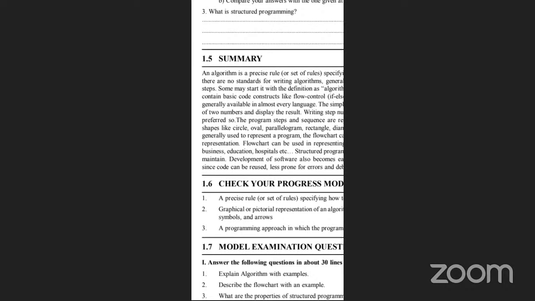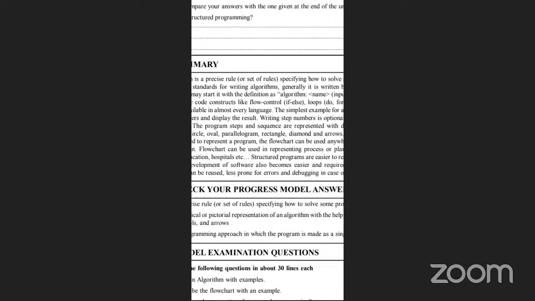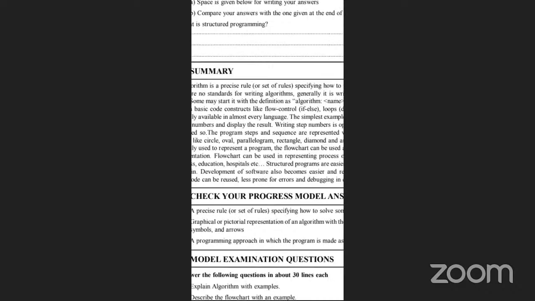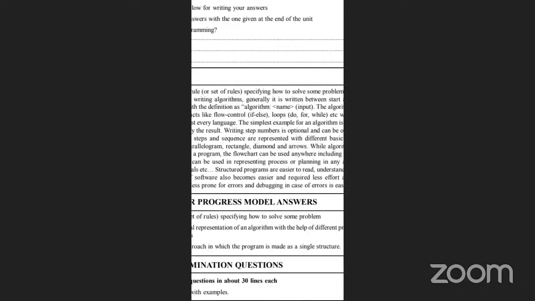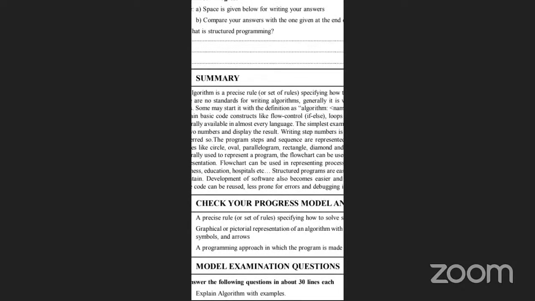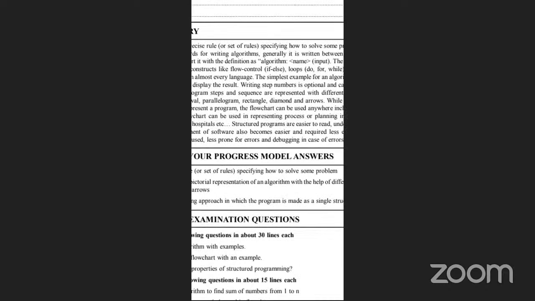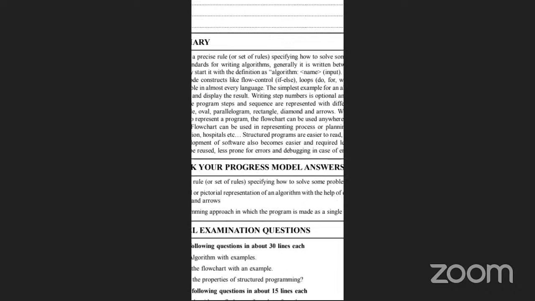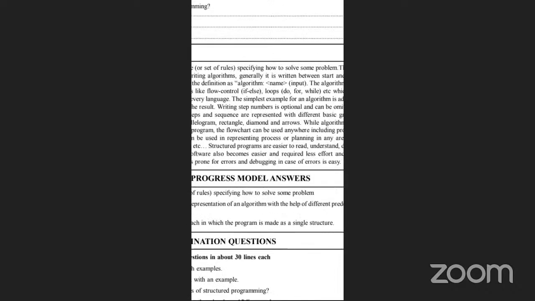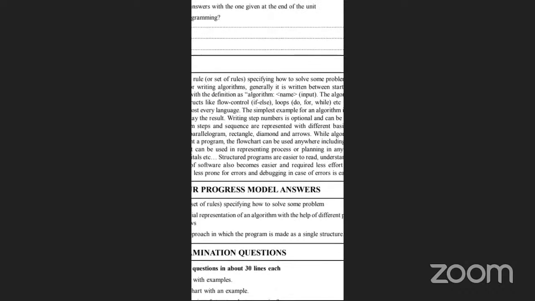These are the summary. An algorithm, we know what an algorithm means: it is a precise rule or set of rules specifying how to solve the given problem. An algorithm includes name, input, loops, do or while, code, and display sequence, represented in different graphic representations. The flowchart is a pictorial representation of a sequence of symbols.